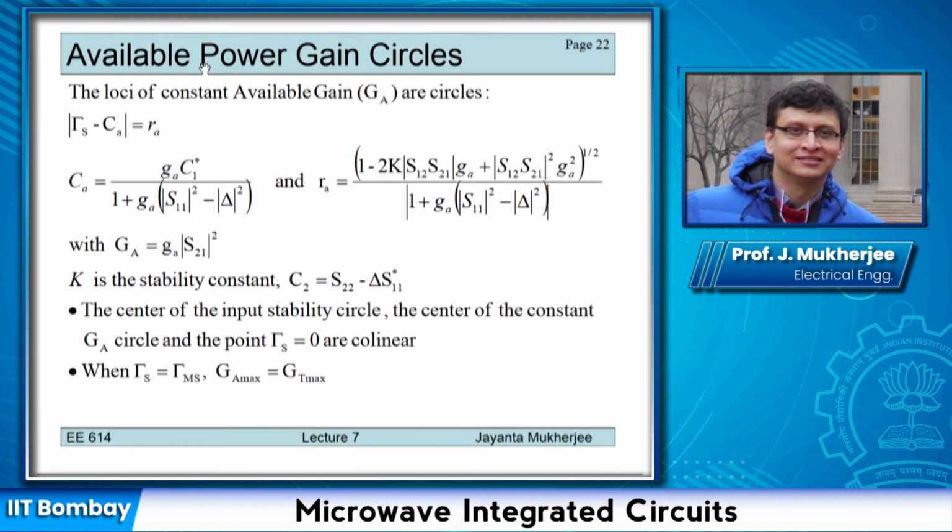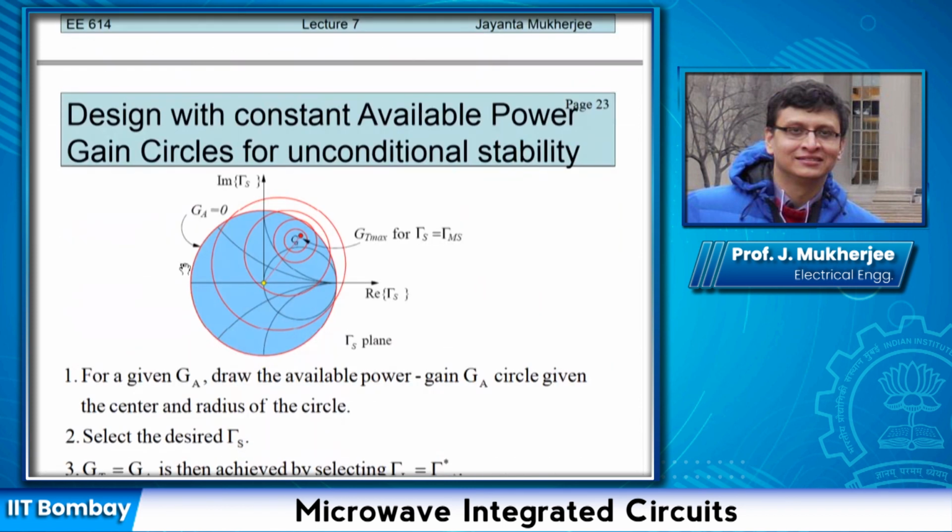So these available power gain circles are the dual of the GP circles. This represents the available gain circles for the unconditionally stable case. Here we have drawn the available power circles, these red lines. CA represents the circle for maximum available power gain, or MAG, which is obtained when gamma S is equal to gamma MS.